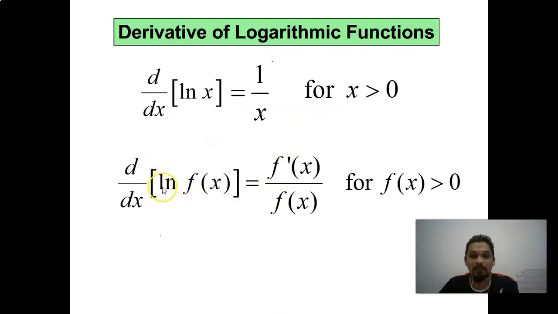We call the derivative of ln f(x) with respect to x equal to f prime x divided by f(x). So it's just like the derivative of ln equals 1 over f(x), then the derivative of f(x) with respect to x gives you f prime x.